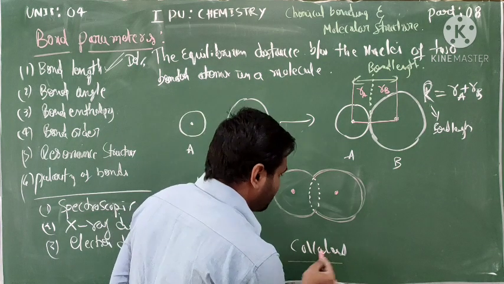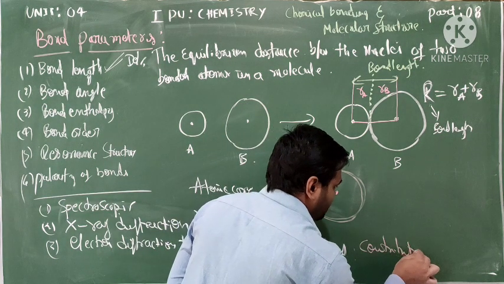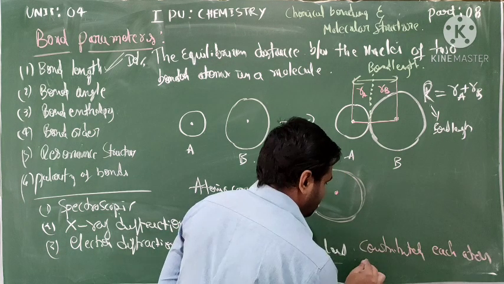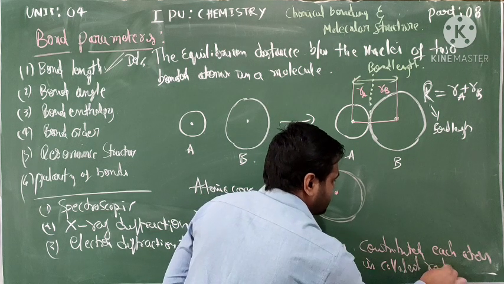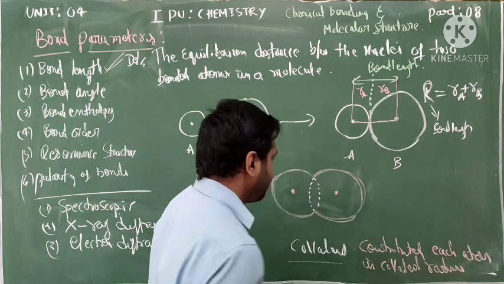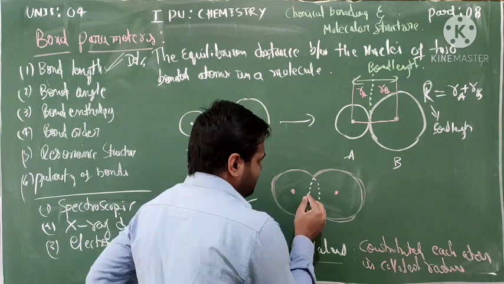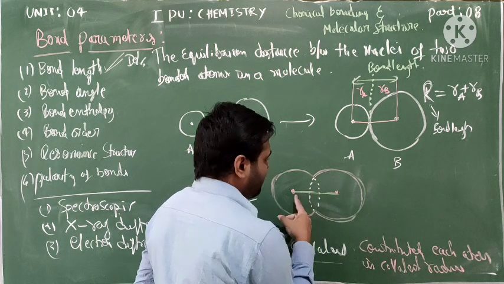What is the meaning of a covalent bond? Each atom contributes its covalent radius. Each atom should contribute. Just see the structure here. It is called the bond length.